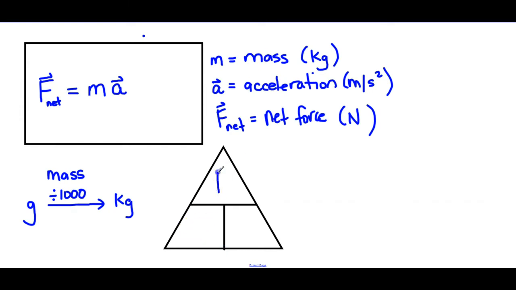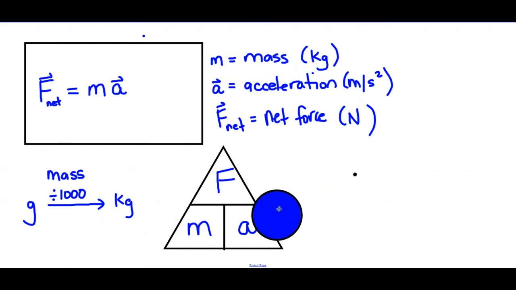Force is up here, mass, and acceleration. And remember, all you have to do is, if you're given one or two of the variables, the one that you're trying to solve for, cover it up.